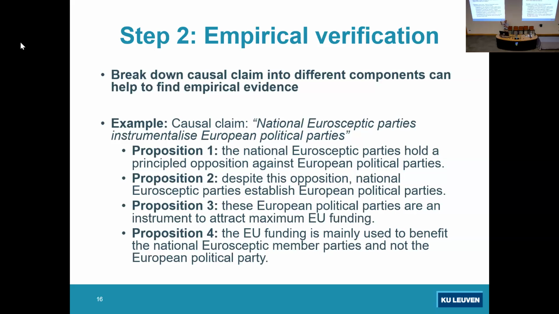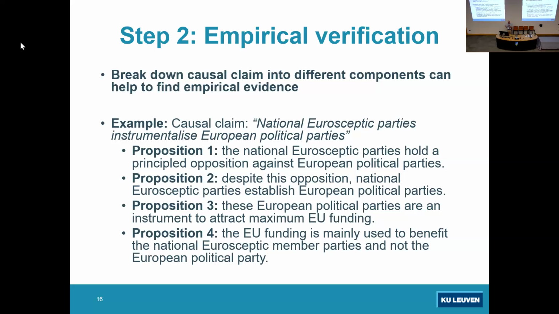They are set up with a specific aim, to attract maximum EU funding, and the funding is not used to strengthen the European party organization, but the national party organizations. It's a bit more complex, but in a nutshell, for the sake of an example, I broke this causal claim of instrumentalization into different components that are easier to verify empirically.